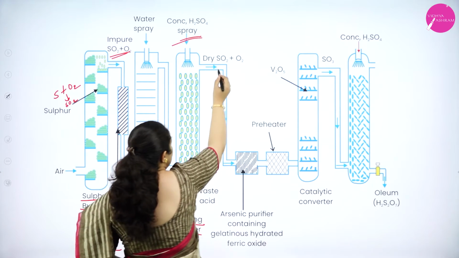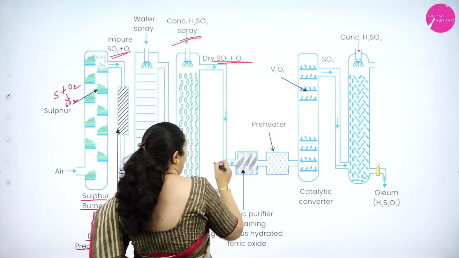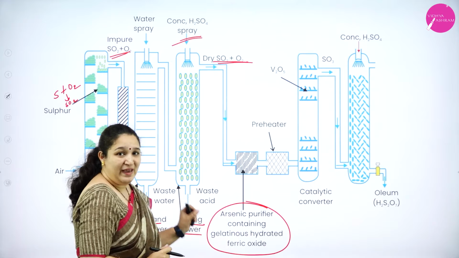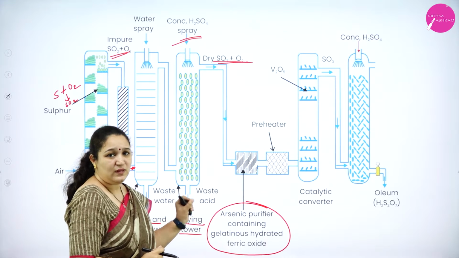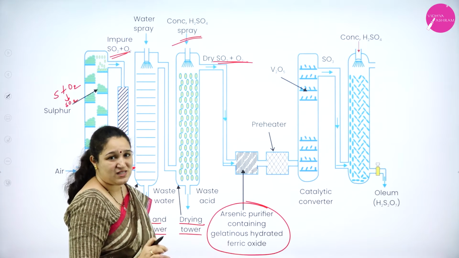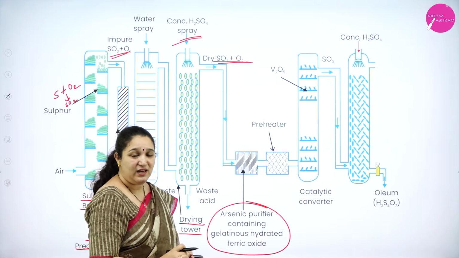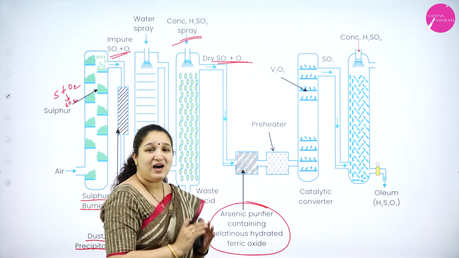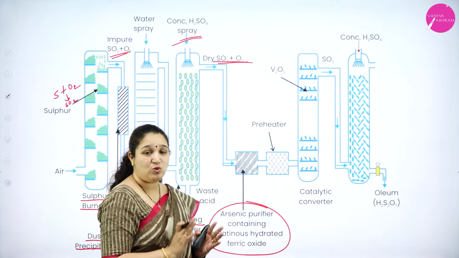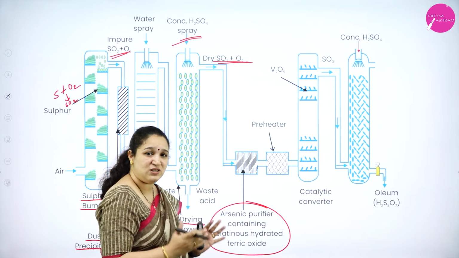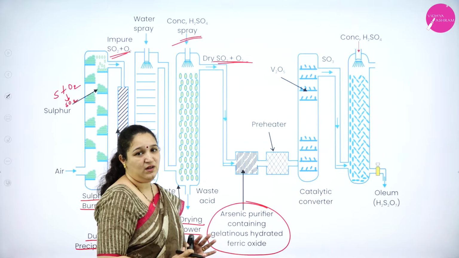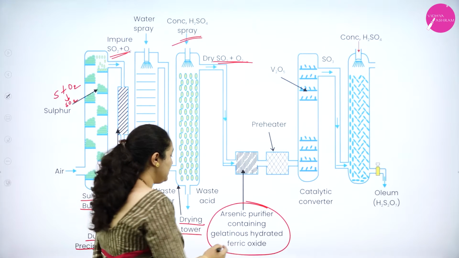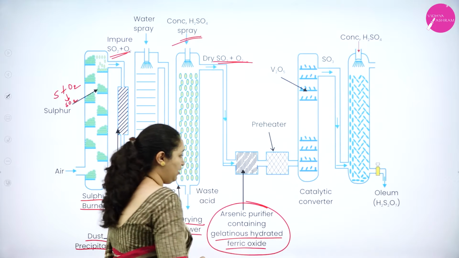Now you have dry sulfur dioxide and oxygen gas, which now comes to the arsenic purifier. The main purpose of purification is to remove arsenic. If arsenic is there, it is a poison for the catalyst vanadium pentoxide. So arsenic should not be there. So there is one purifier specially to check whether there is arsenic impurity. In the arsenic purifier, what it has is gelatinous hydrated ferric oxide.